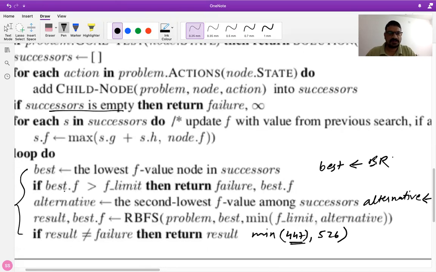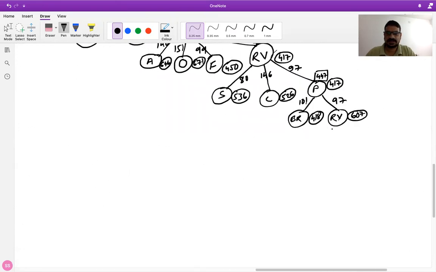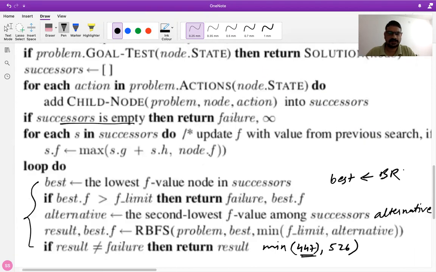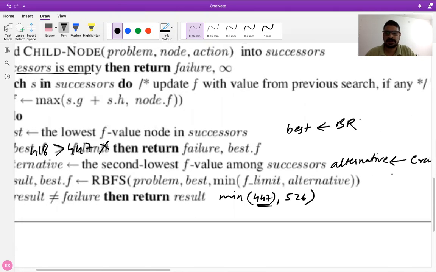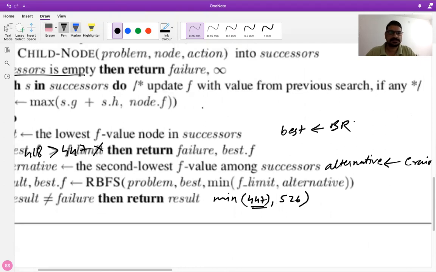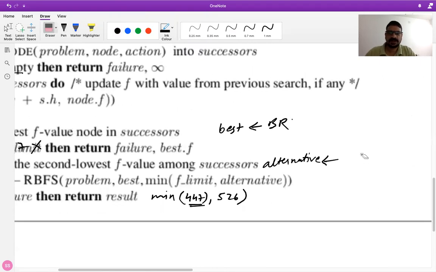Now what is the F best? It is 418. So is 418 greater than 447? No, not at all. Then it will not return failure. Then we'll find out the alternative. What is my alternative? The alternative is the one only, which is RB.